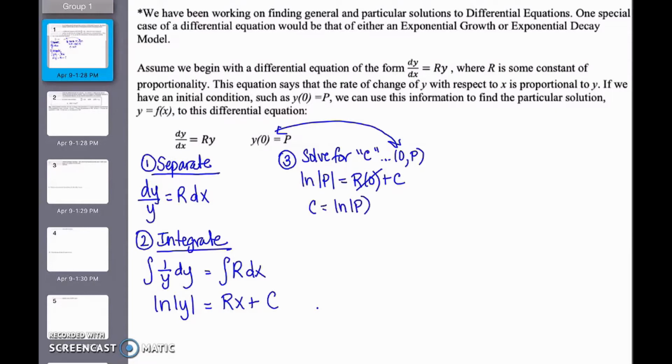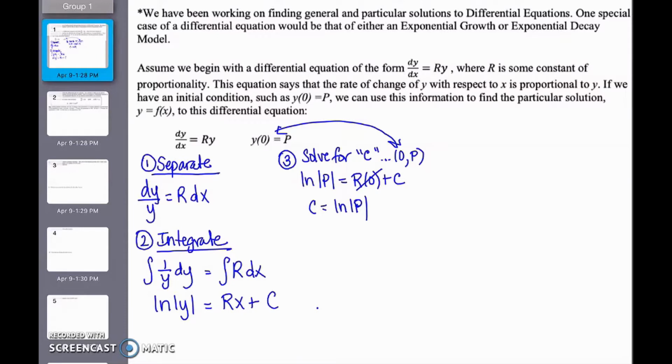In this case, I kept the absolute value bars around my p, but keep in mind that the initial condition of an exponential growth or decay model would be the quantity that you're starting with.